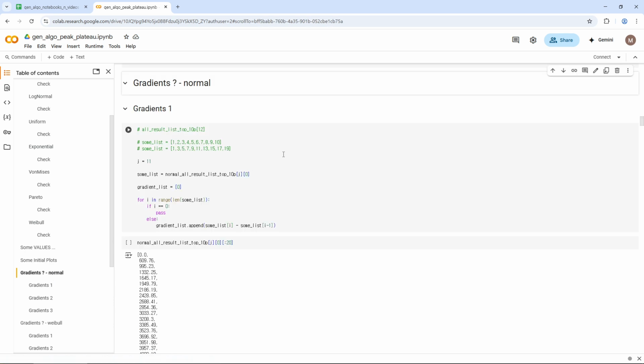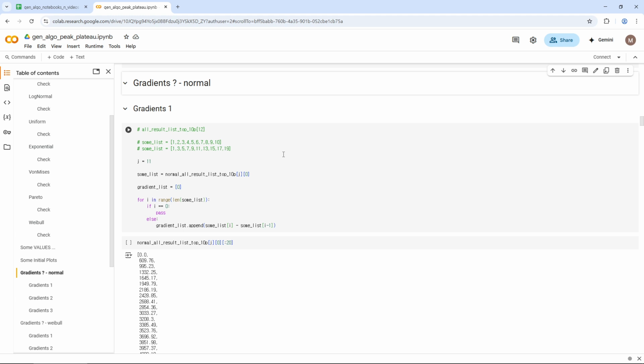So my first idea of finding the peaks and plateaus was to calculate the gradients, as in you take one value and then you subtract the value before it and then divide that by 1, and that is the gradient.